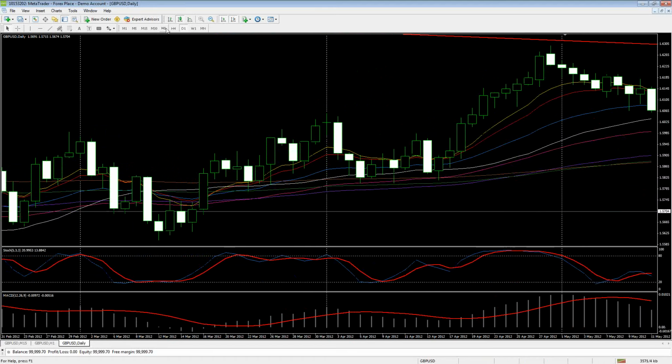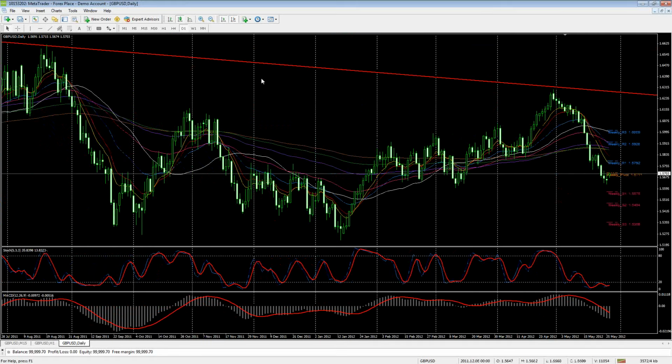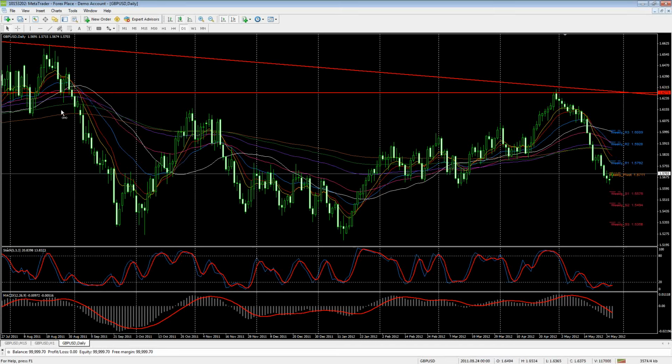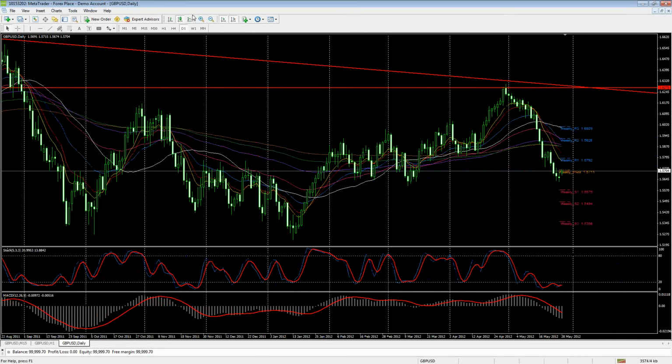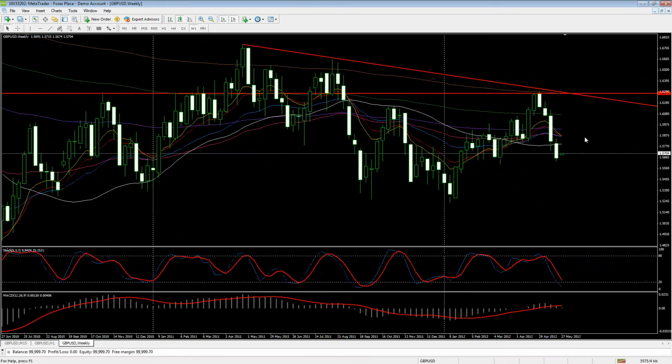It didn't show any sign of weakness, and there wasn't any special resistance or support area here. Nothing really special. But still, the 200 moving average on the weekly chart made the difference here and really pushed the price down.